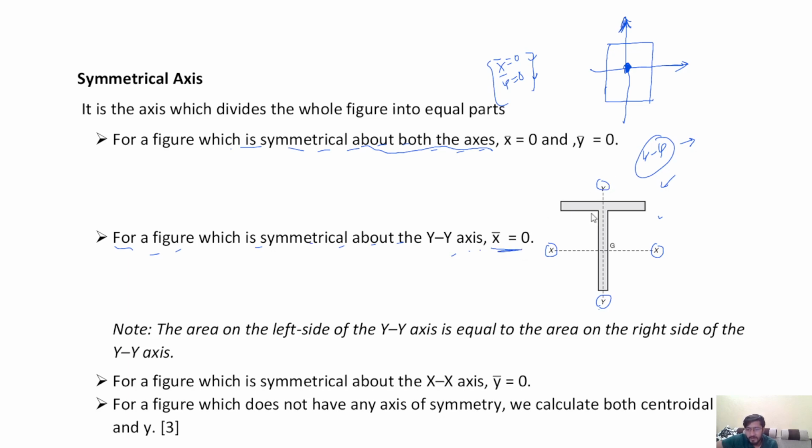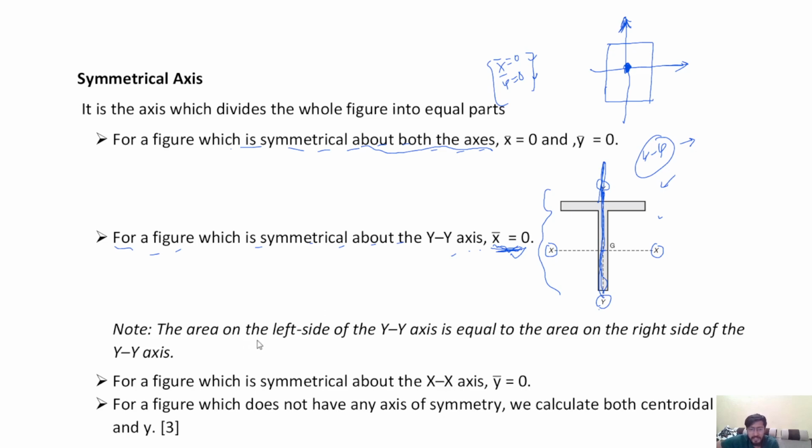It means the centroid of this figure lies on this y axis, the reference axis is the same as the symmetrical axis. So x bar is equal to 0. That means x bar is the distance of the centroid from the reference y axis, and the reference y axis is considered from the centroidal axis, so the centroidal distance from this axis is 0.